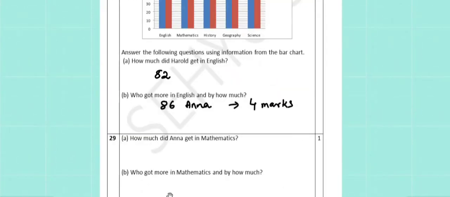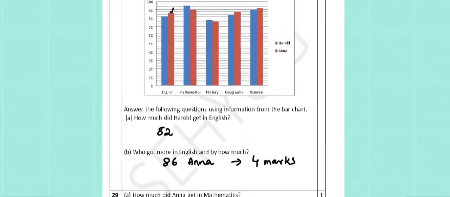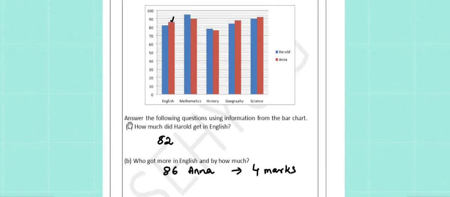How much did Anna get in mathematics? So, if we check the maroon bar for mathematics, it is exactly touching 90.